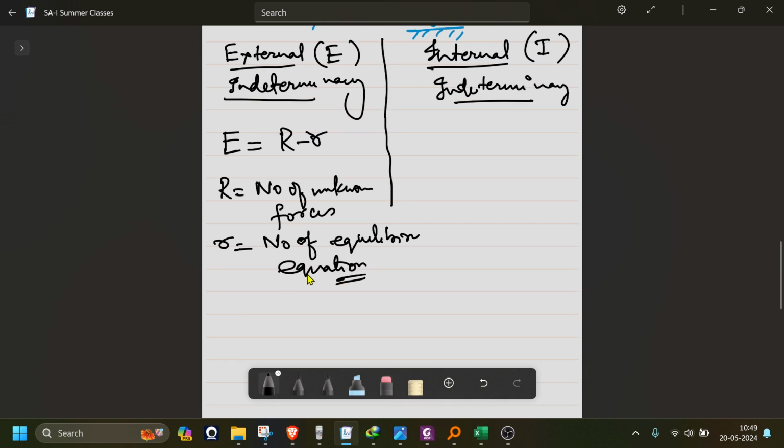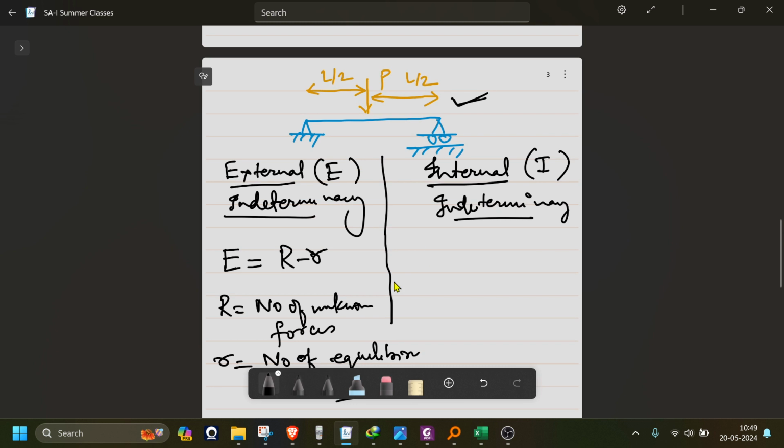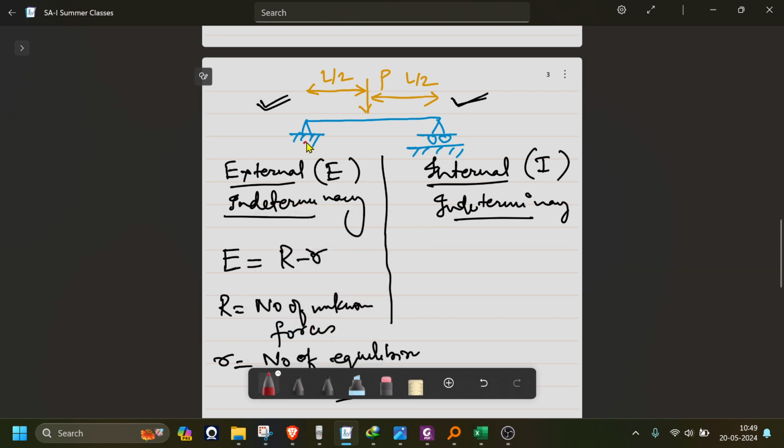Okay. Now who can tell the answer to this question? If R is number of unknown forces, so what are the unknown forces here? Satyam, can you tell what are the unknown forces in this simply supported beam? I couldn't hear you.